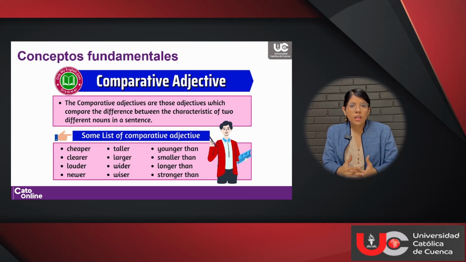Similarly, the word clearer indicates that something is more clear than another thing. Louder, more loud than something else. So in those cases, we don't say more loud or more clear or more cheap. We have to use these adjectives: cheaper, clearer, louder, newer, taller, larger, wider, wiser.